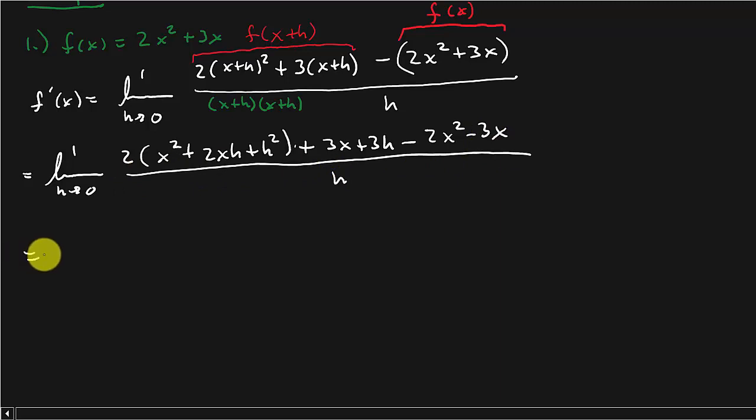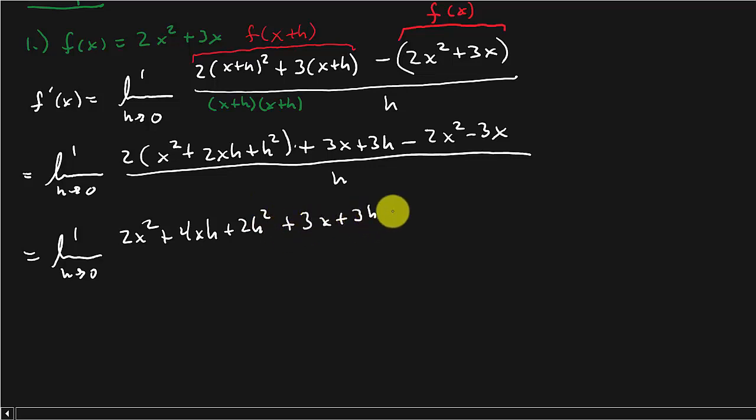Now I've got to do another step to distribute that 2. That's all I'm going to do in this next step. So that's the limit as h goes to 0 of 2x squared plus 4xh plus 2h squared plus 3x plus 3h minus 2x squared minus 3x, all that over h.